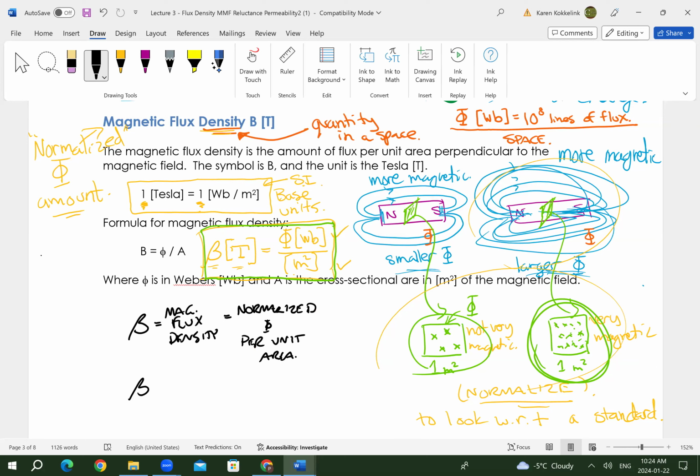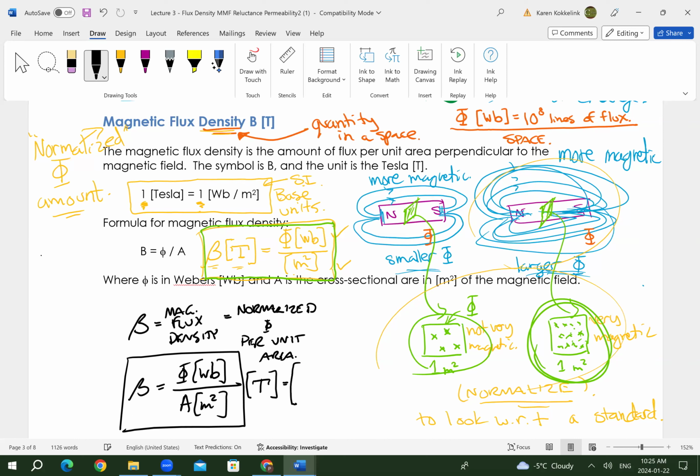And so beta looks like magnetic flux lines, which are in Webers, over area, which is in meters squared. And that is my magnetic flux density formula. It has the units of Tesla, but the units of Tesla just break down into the standard SI units of Weber per meter squared. So don't be afraid to use Webers per meter squared instead of Teslas in general.